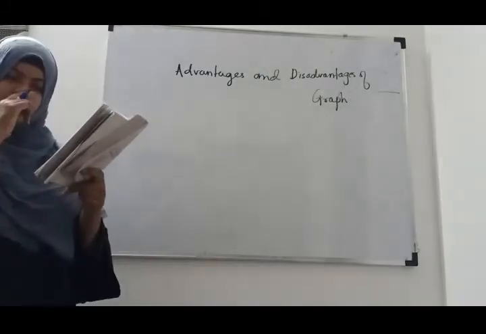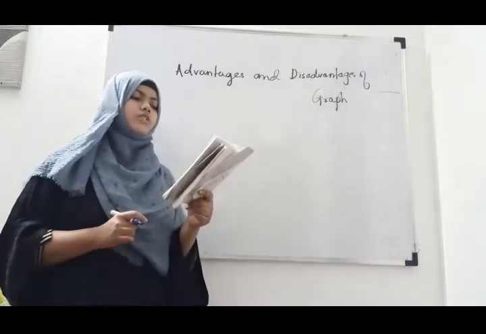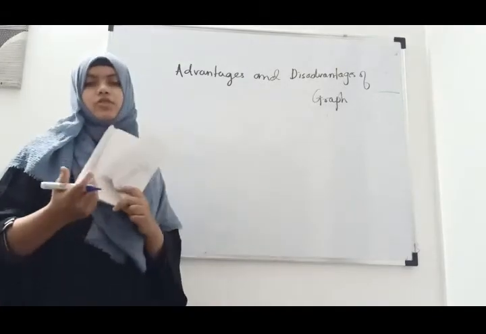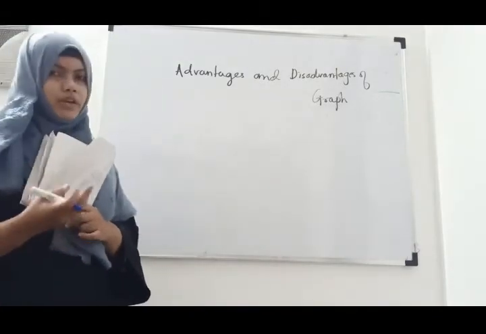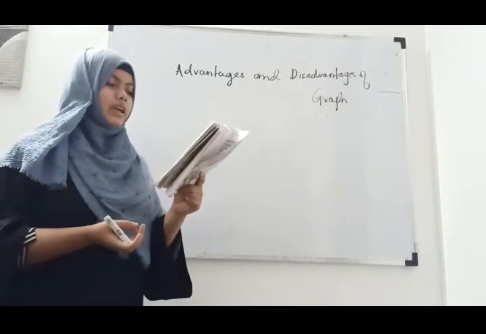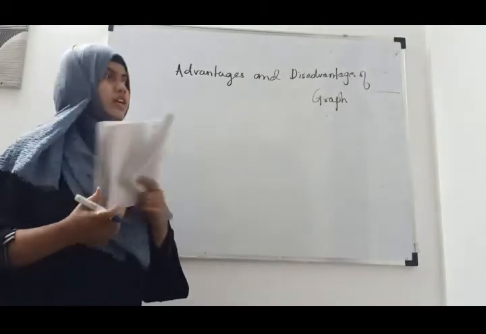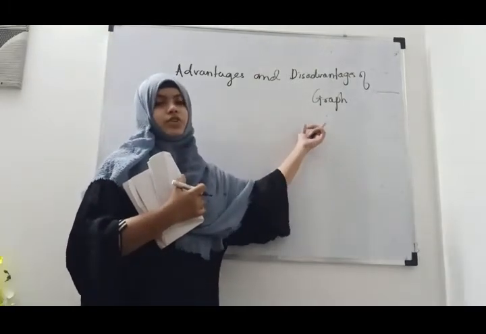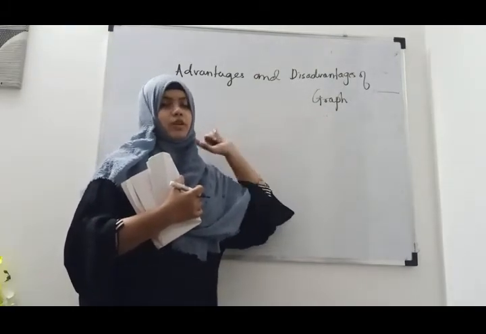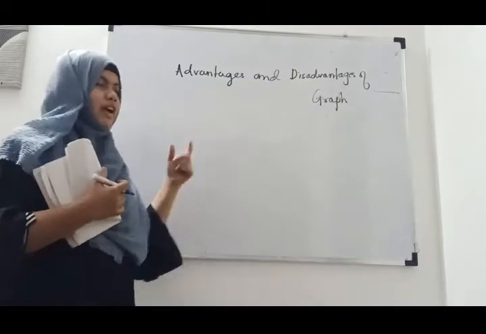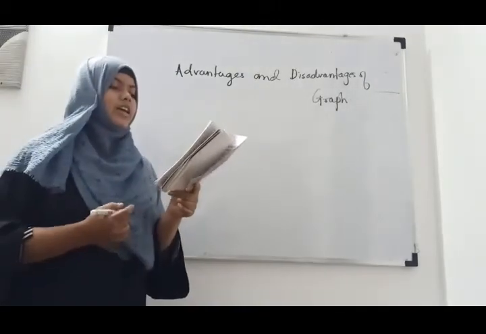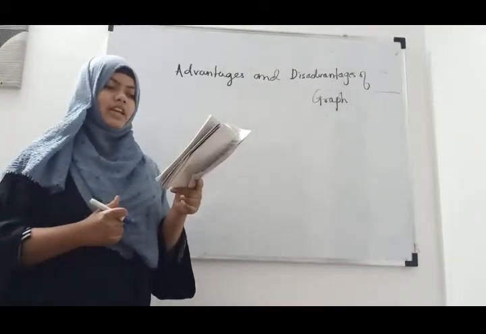The next topic is the general rules for construction of any graph. As I have already told you, it should be drawn by pencil. Graph should be neat and clean. Scale should be mentioned. Whatever units you are taking on the x axis and y axis, you have to mention that. Then index should be provided if essential.